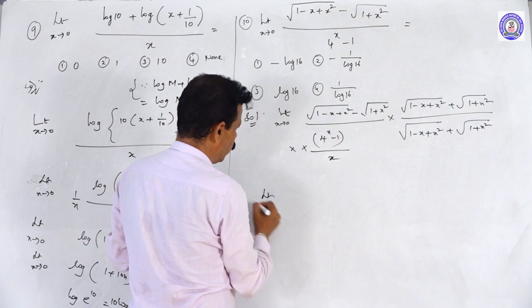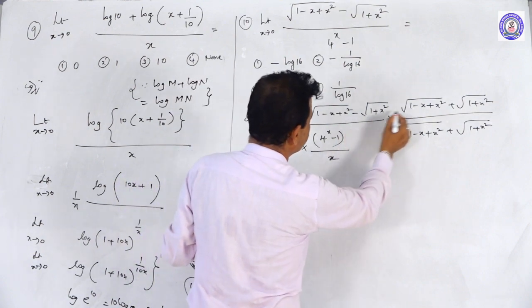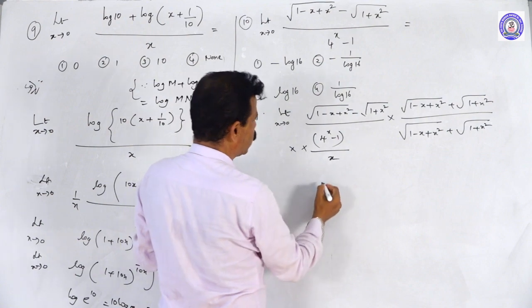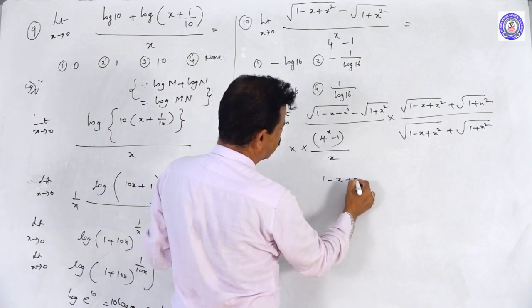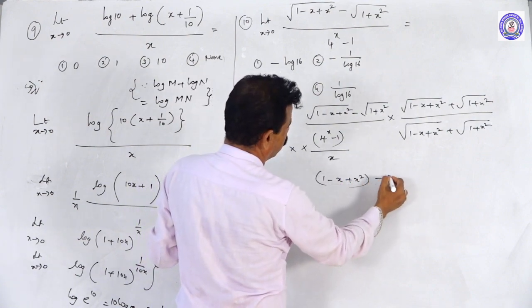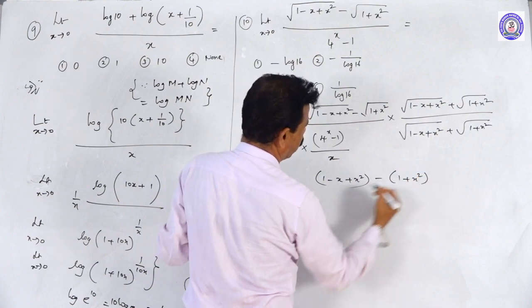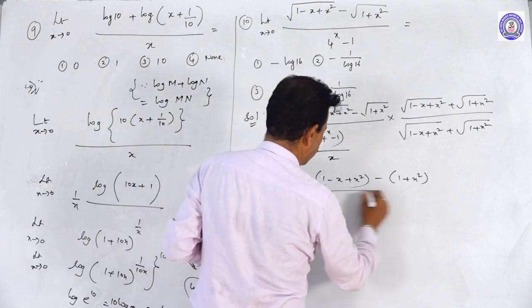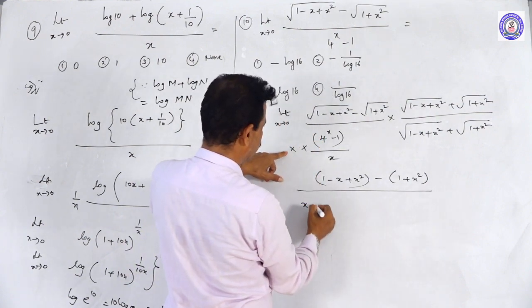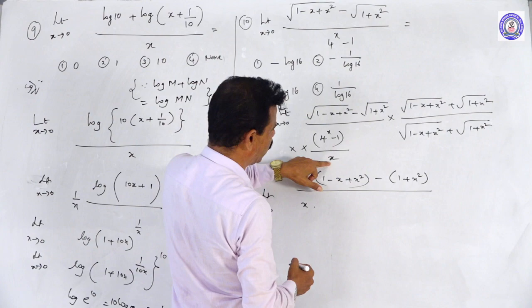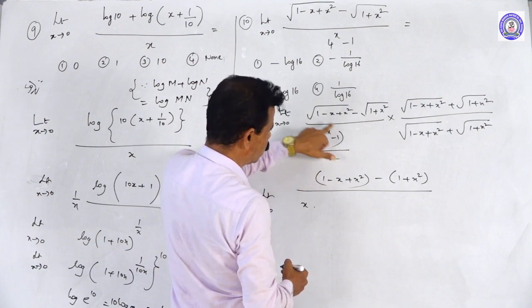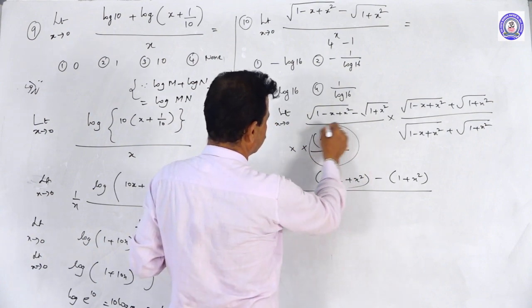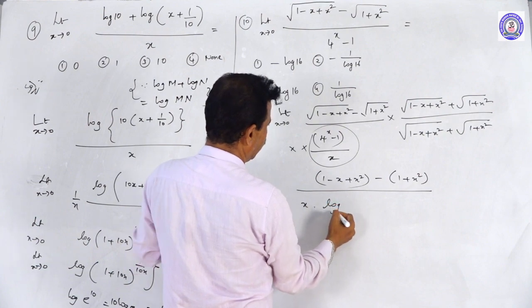Limit x tends to 0. This is (a plus b) into (a minus b), a square minus b square: 1 minus x plus x square minus (1 plus x square). Roots are cancelled. Divided by x, this is (a power of x minus 1) by x. This formula gives log a, here the value is log 4.